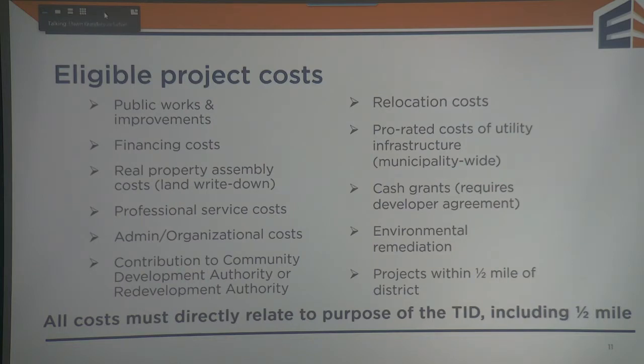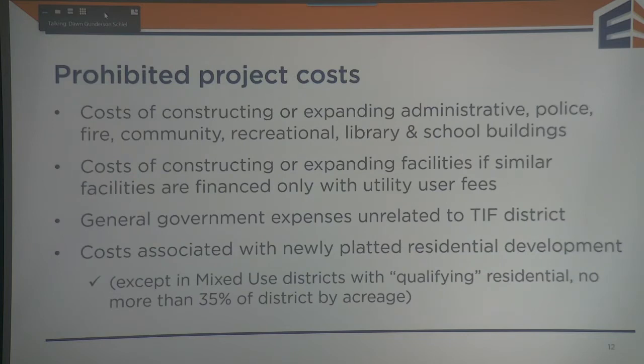Then the next slide we'll talk about is the prohibited project costs. And some of this is common sense. You can't build an administrative building, a police department, fire department, recreational facility, a library, or a school district using tax increment revenue. It's not the intent. It's to promote economic development.